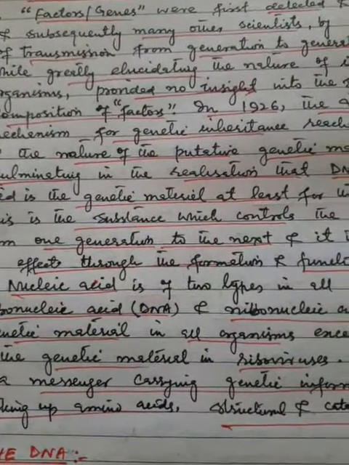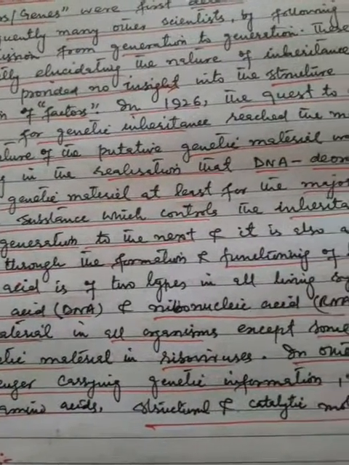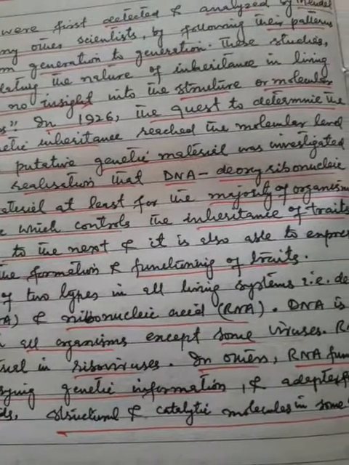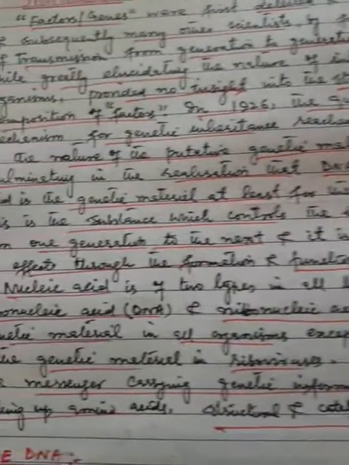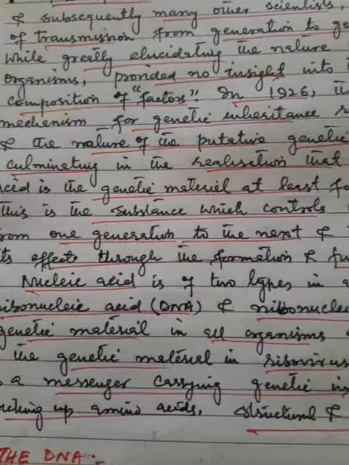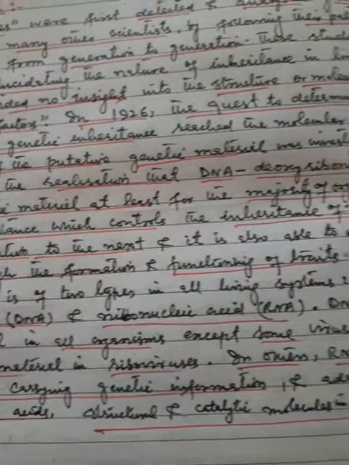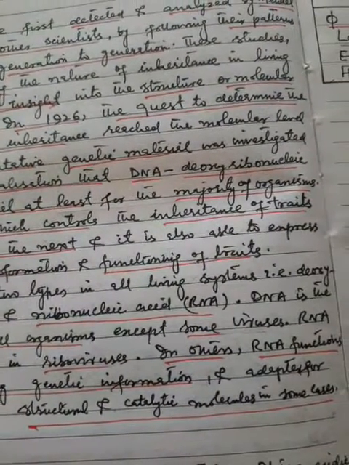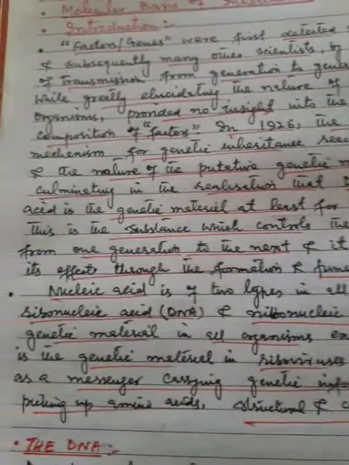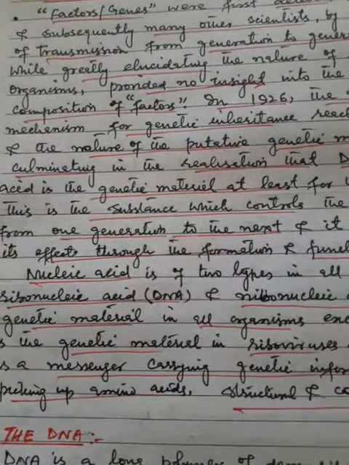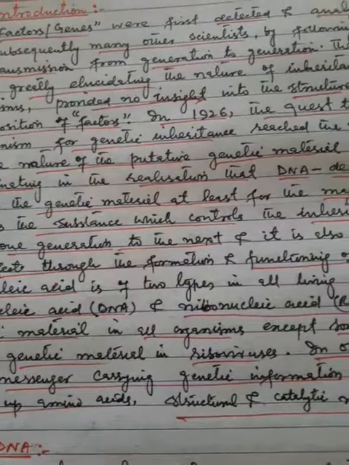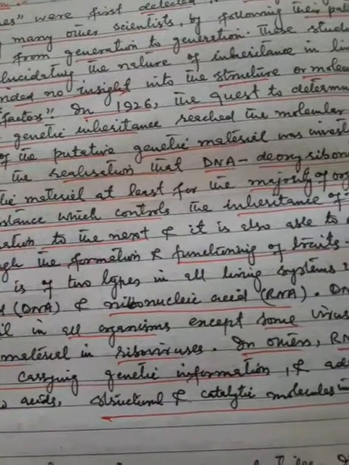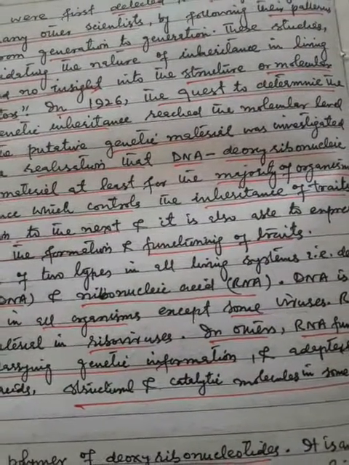This is the substance which controls the inheritance of traits from one generation to the next, and it is also able to express its effects through the formation and functioning of traits.